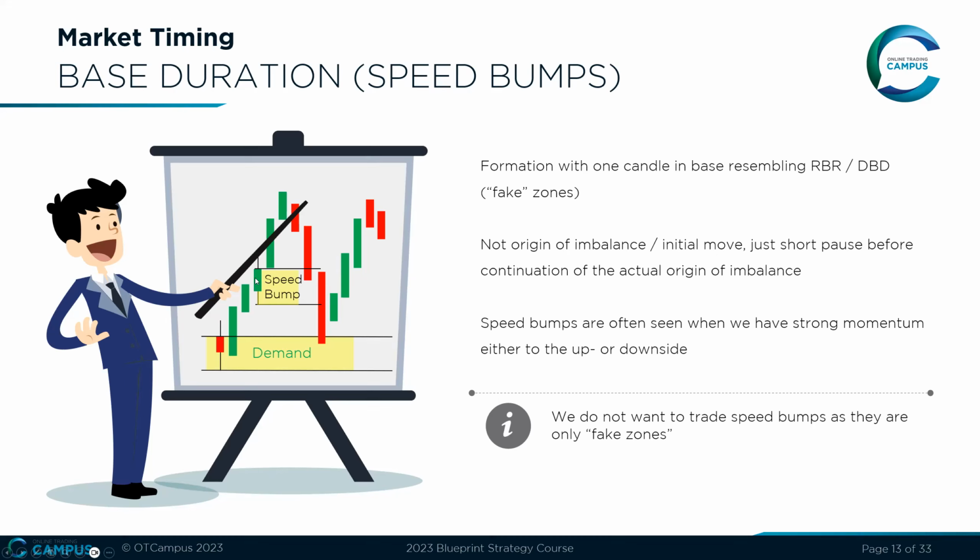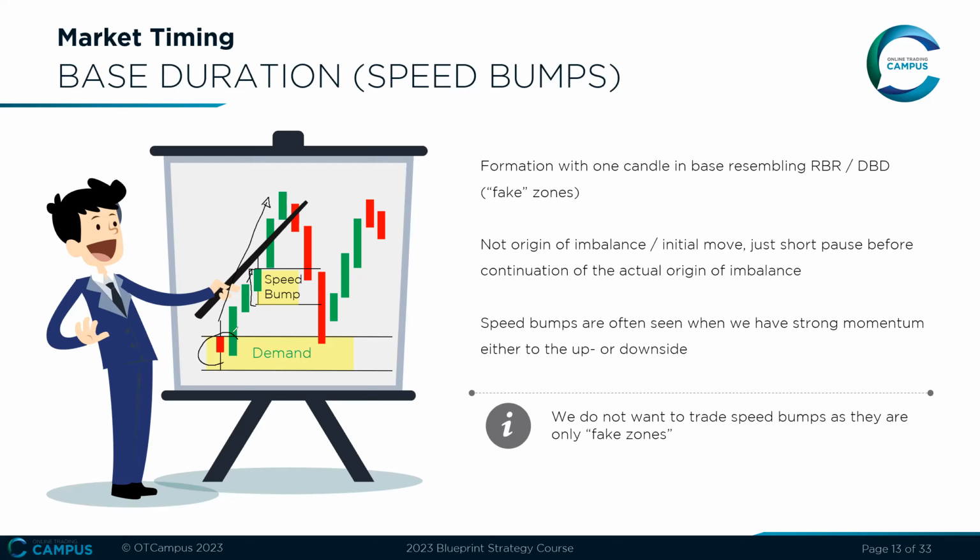They're fake zones because they may trick you into going long or into shorting, but they're not real zones. They're just speed bumps. And usually what happens with those speed bumps is they are the same color as the existing move. So if within an up move, we see just one candle in the base that may be indecisive, but has a rather large body and that has the same color, it's just a continuation of that move, right?